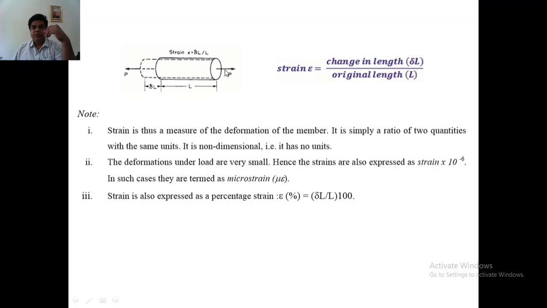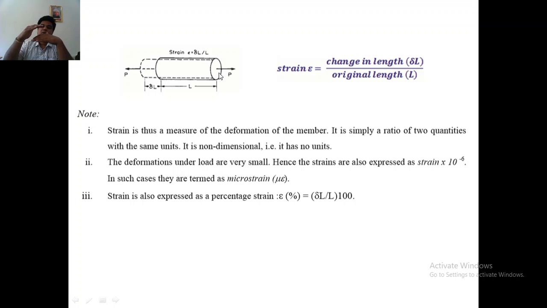But as you increase the load more and more, the resistance offered by the material also goes on increasing. When you apply the load beyond the capacity of the material, it no longer resists that load, it cannot hold that load, and it will deform plastically. That is called plasticity or plastic deformation.